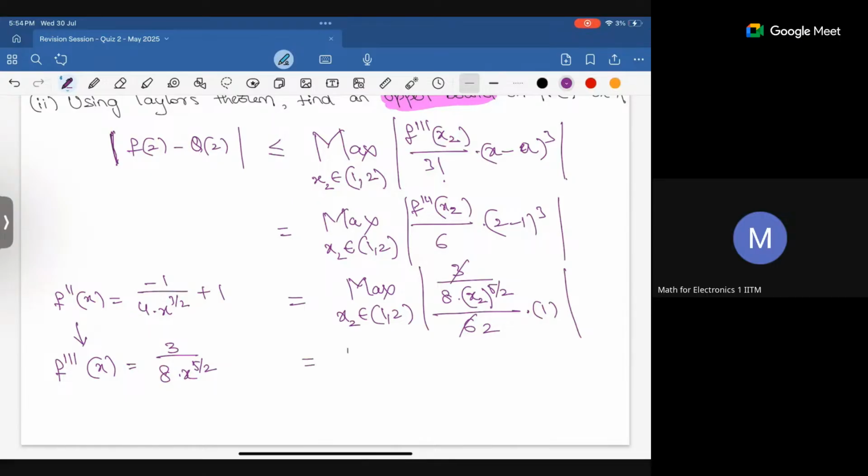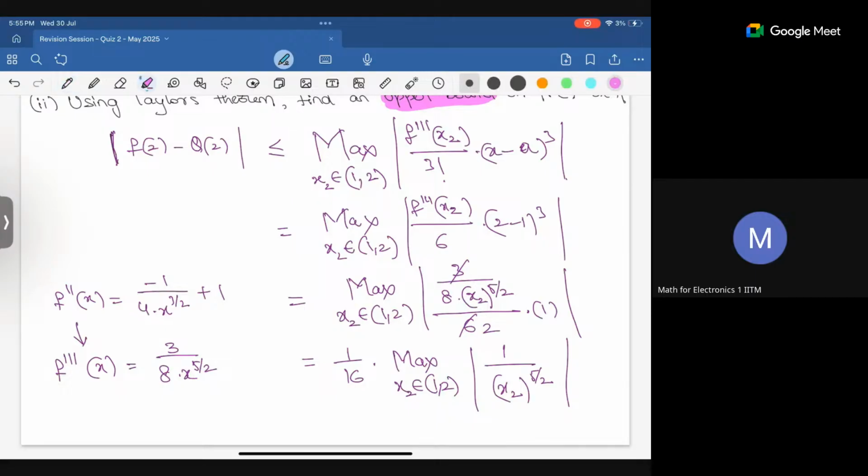So 1 by 16 into the max of x2 in the interval 1 to 2, and the expression is again 1 by x2 power 5 by 2. So it is similar to 1 by x2 square, the power is greater than 1 and it is in the denominator.